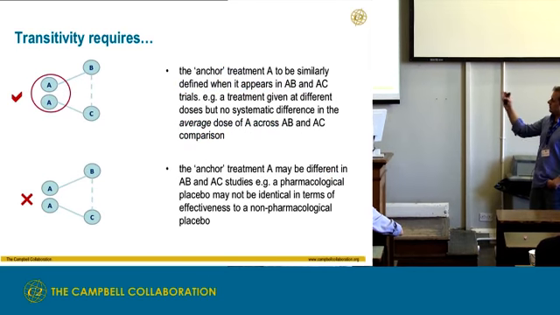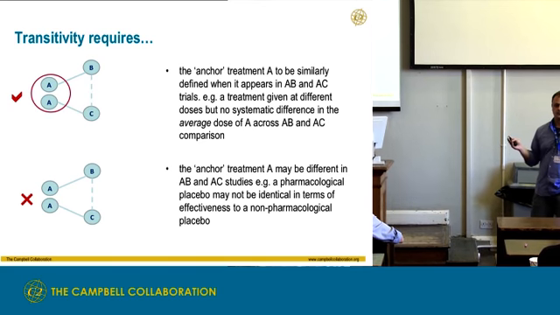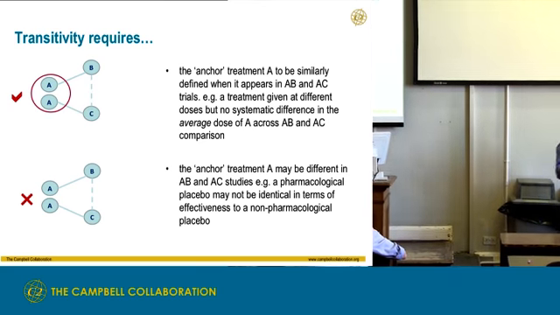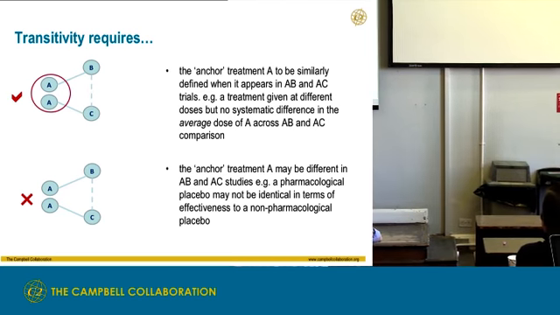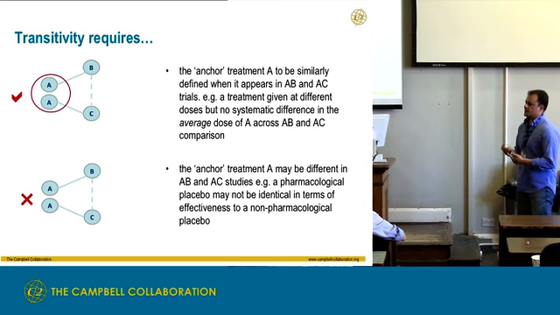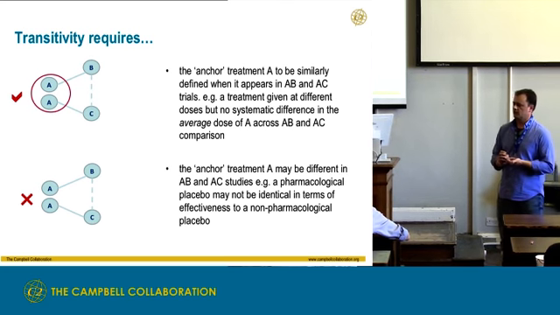Suppose that I have AB studies and AC studies, and A is a pill given in different doses. But the average dose in AB studies is the same as the average dose in AC studies. Would the transitivity hold then?